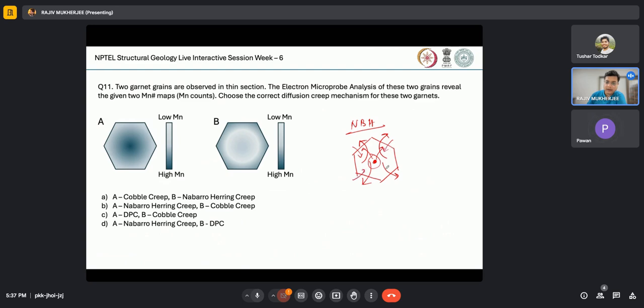Material is coming from outside to inside. So outside there is low and inside there is high gradient. So anything involving the flux inside the crystal lattice is Nabarro-Herring creep, right? So materials are either going inside or coming from outside, but through the inside of the crystal.